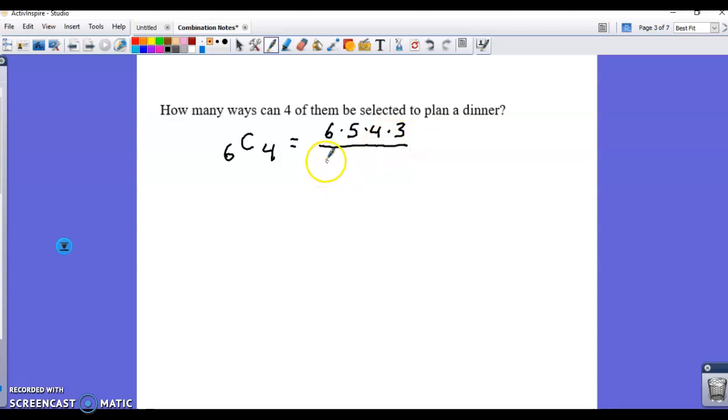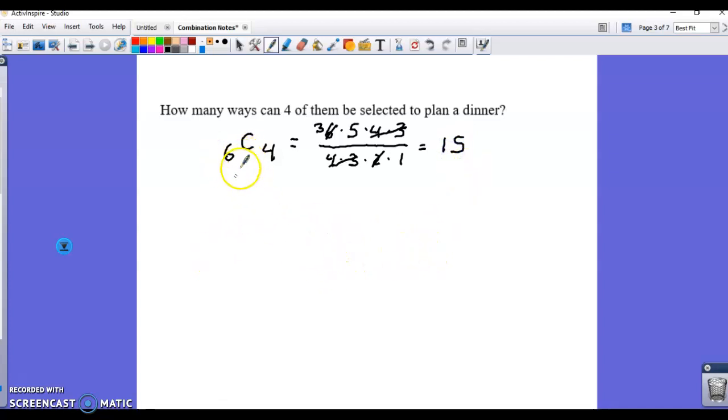But then to take out all of the redundancies, all of the matching groups, you'd divide by the ways you could order four people, which is four, three, two, one. Again, you could multiply the top, multiply the bottom, and divide them, or you can reduce first. Four and three cancel out with the four and three. Two would reduce the 6 to 3, so 3 times 5, 15.